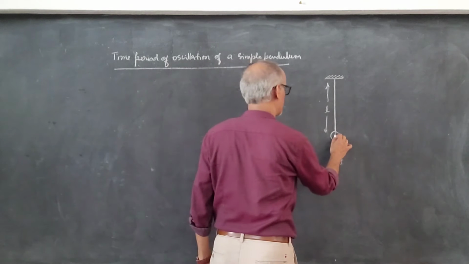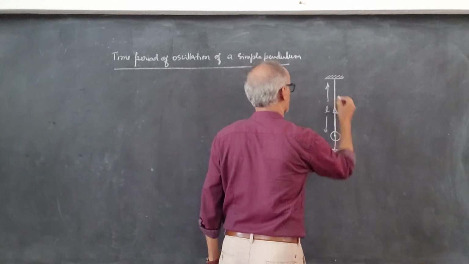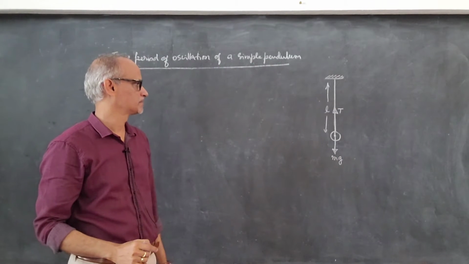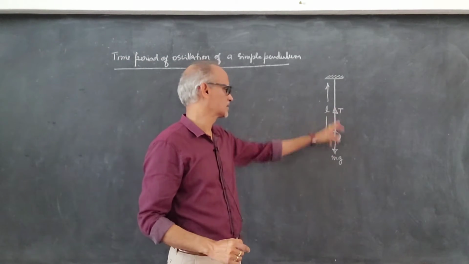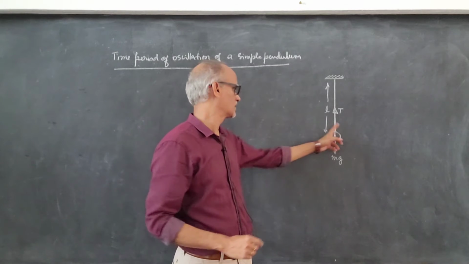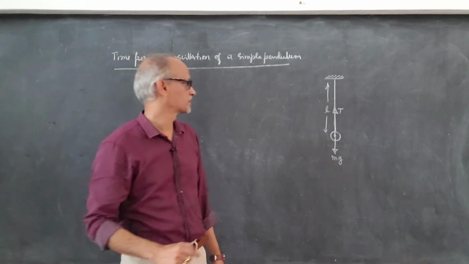Since it is suspended by a string, another force acts in the upward direction, which is called the tension in the string. These two forces are equal and opposite, so the net force on the pendulum is 0. So the pendulum remains at rest.